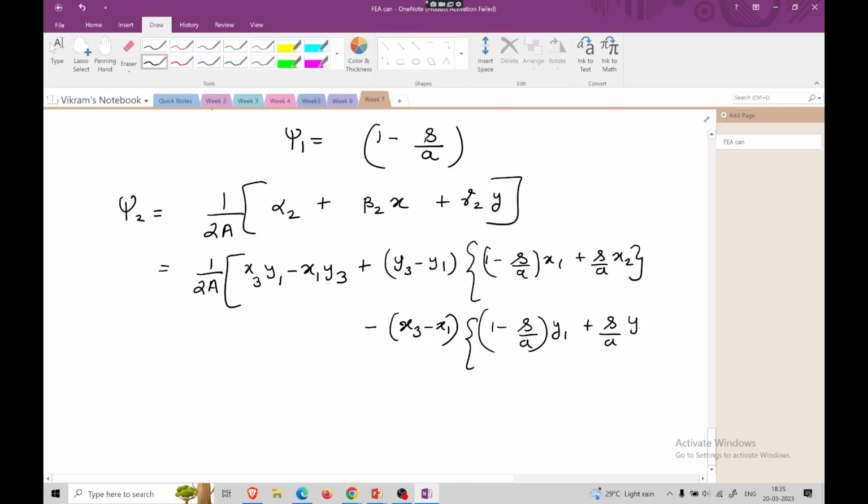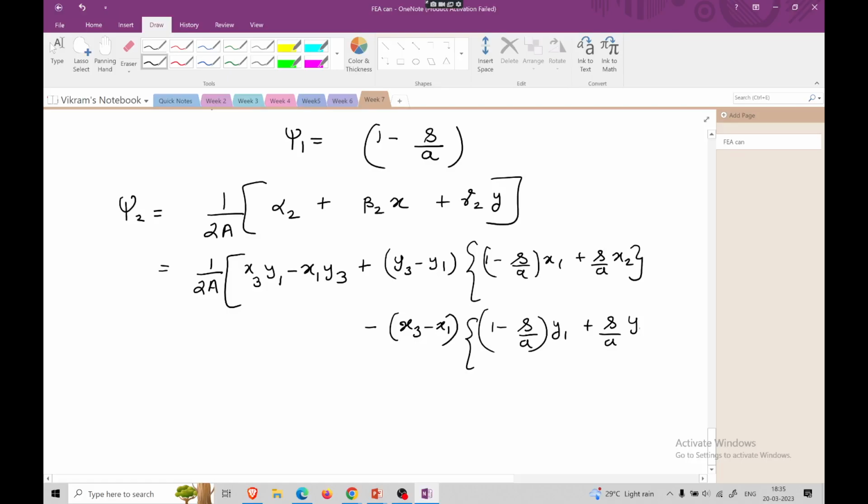x1 y3 plus s by a into x2 y3 minus 1 minus s by a into x1 y1. So it's not minus, oh yeah, it will be minus, and similarly minus s by a times x2 y1.